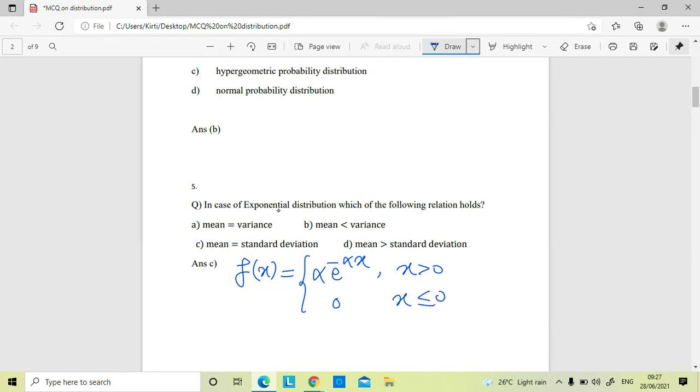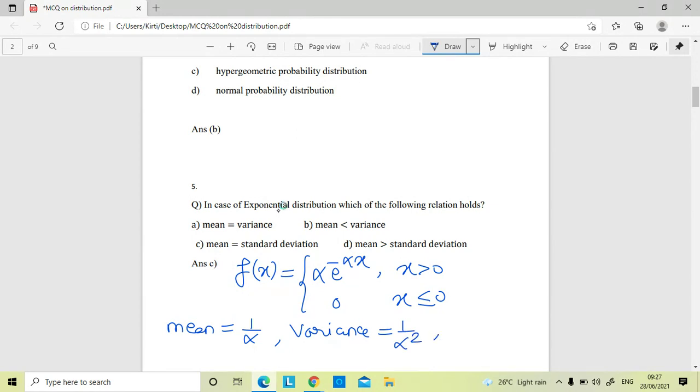If this is the density function of exponential distribution, then the mean is equal to 1 by alpha, whereas variance is 1 by alpha square.